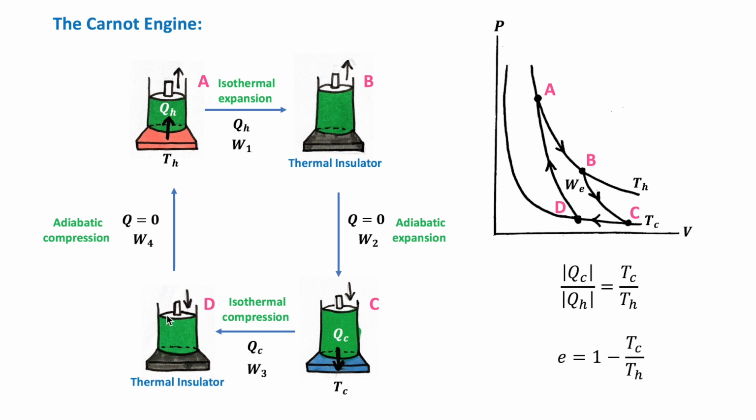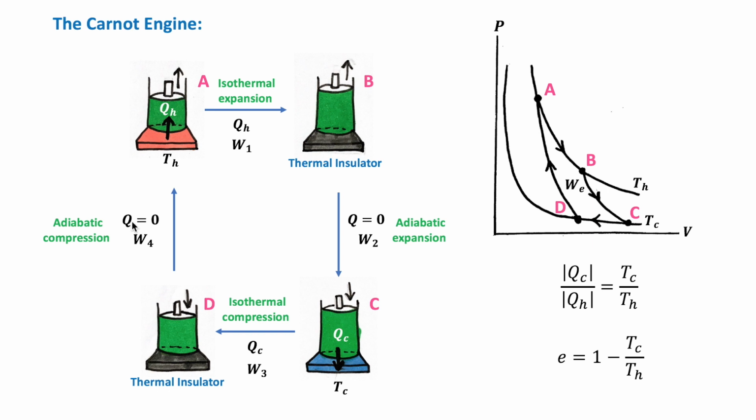Then when it reaches state D, the base is again replaced by thermally non-conducting material, and the gas is compressed again adiabatically from state D to A. As it is compressed adiabatically, the temperature of the gas increases from TC to TH, and the work done by the piston on the gas is W4.